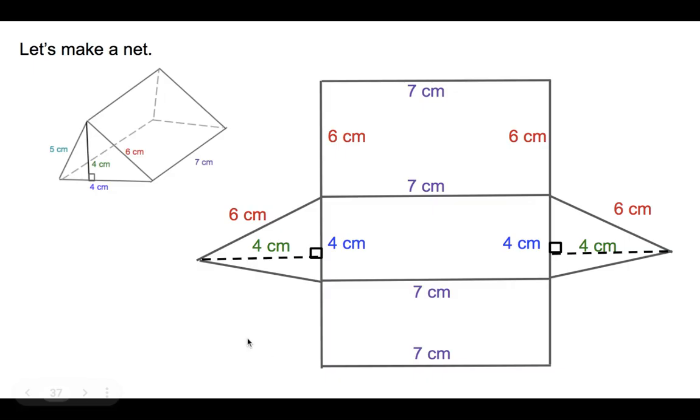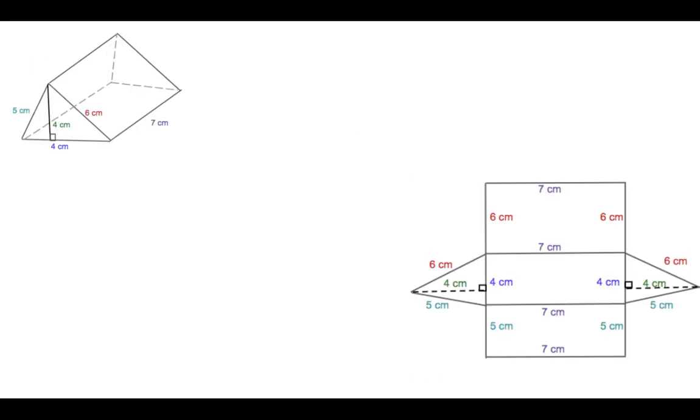I notice that the side here on my triangle is 6 centimeters, which means this is going to be 6 centimeters. This is going to be 5 centimeters, so that means that these sides are 5 centimeters. And now we have all the information that we need to find the surface area of the triangular prism.